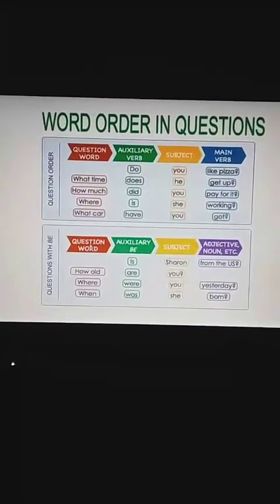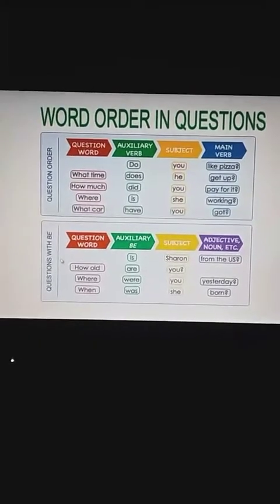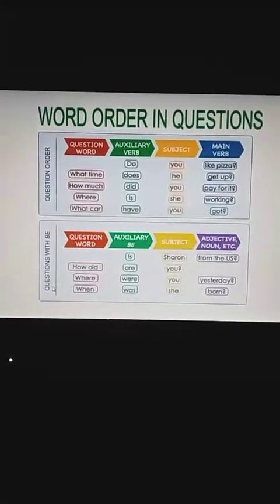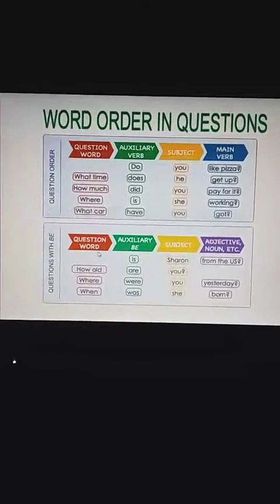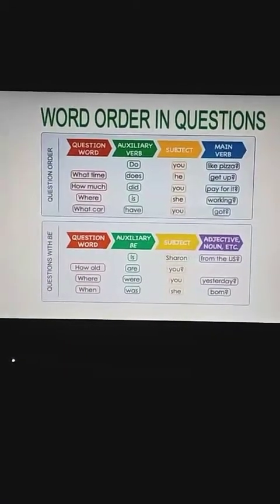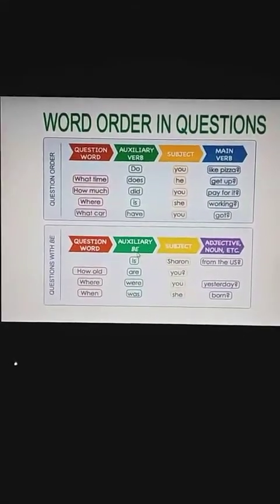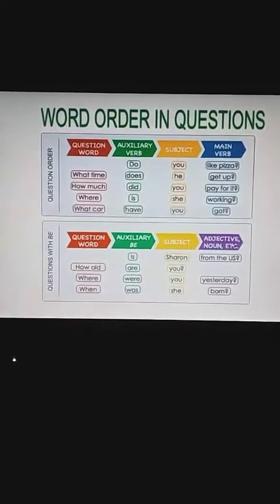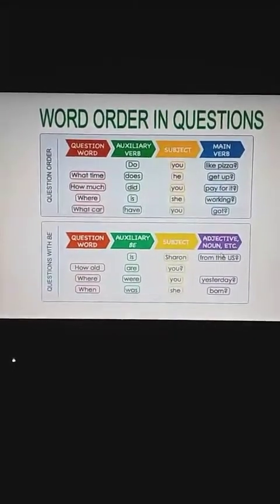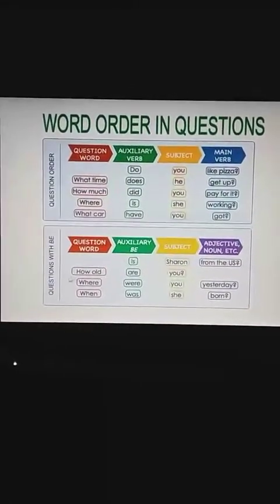And question with be. Question word also, and then auxiliary be, subject, and adjective, noun, etc. Okay?